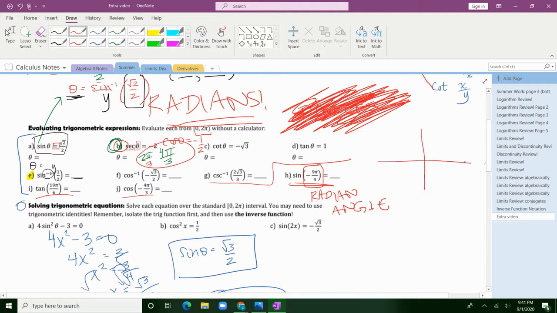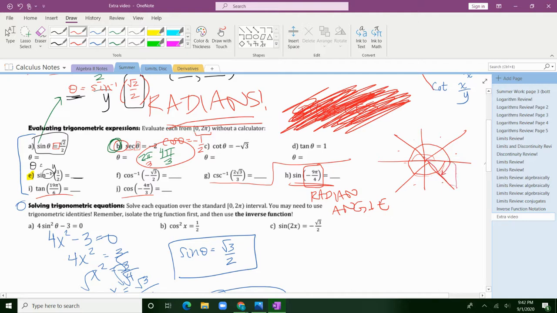So negative 9 pi over 4. The denominator means I split pi up into 4 pieces. So 1, 2, 3, 4, and then 1, 2, 3, 4. The negative means I rotate clockwise. Normally you rotate counterclockwise. So I have negative 1, 2, 3, 4, 5, 6, 7, 8, 9.